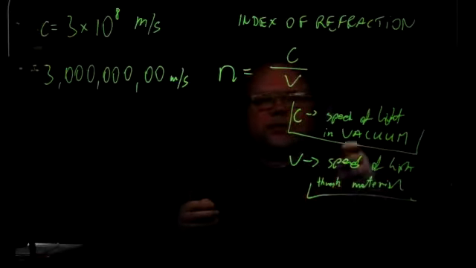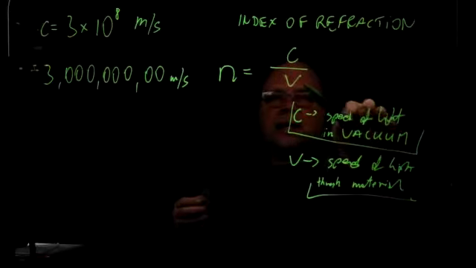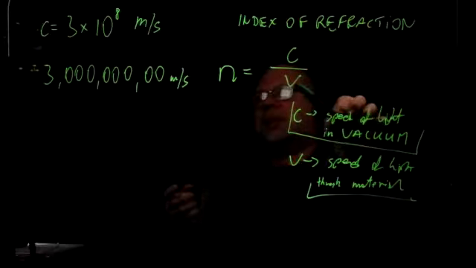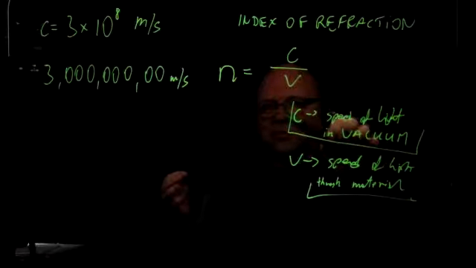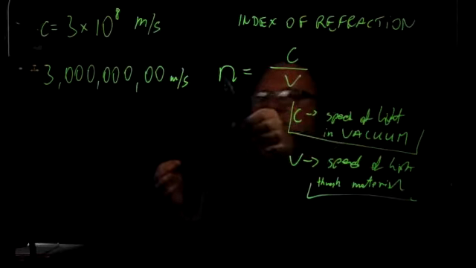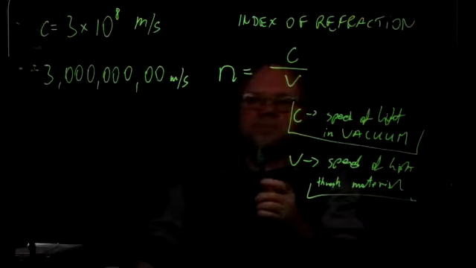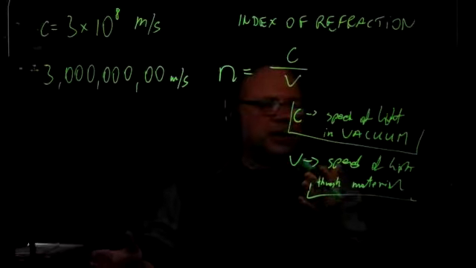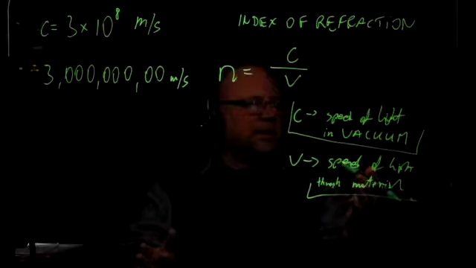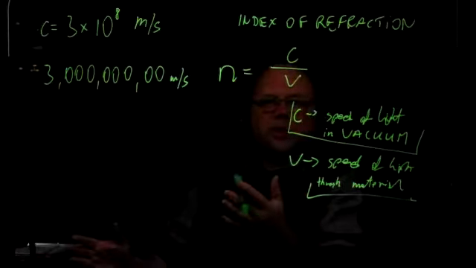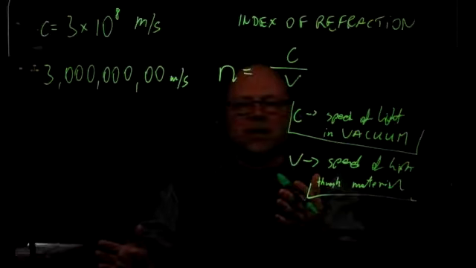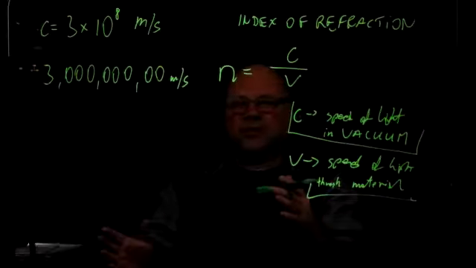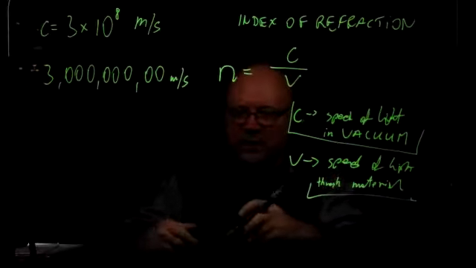So if you notice, the more you slow the light down, the higher the index of refraction is going to be. If you have a high index of refraction, the light is going to travel slower through the medium. The lower the index of refraction, the faster the light is going to travel through whatever the medium is.